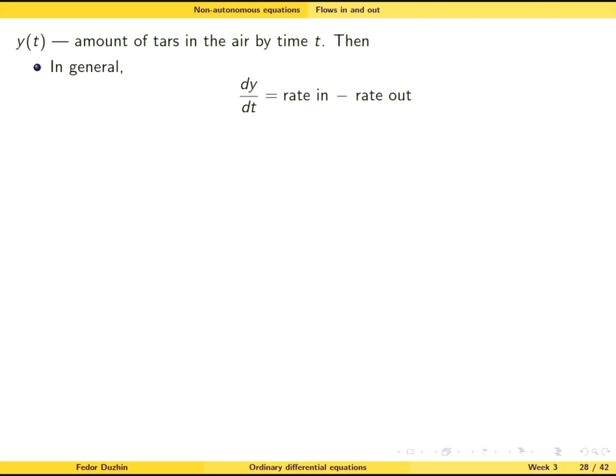Rate in is due to people smoking, and rate out is due to air flowing out of the smoking lounge. So rate in is concentration times the inflow. The concentration here is our function C of t, and the inflow is 10 cubic meters.